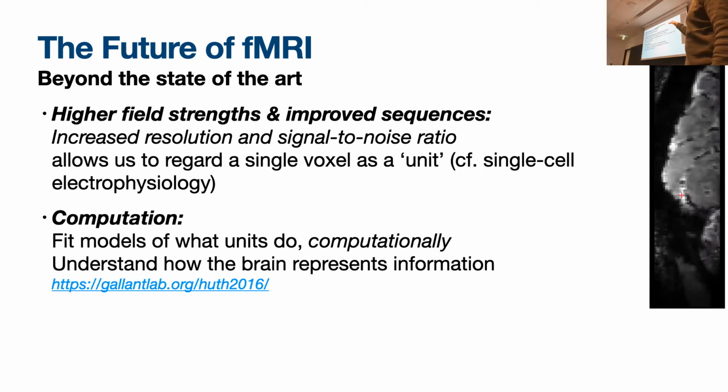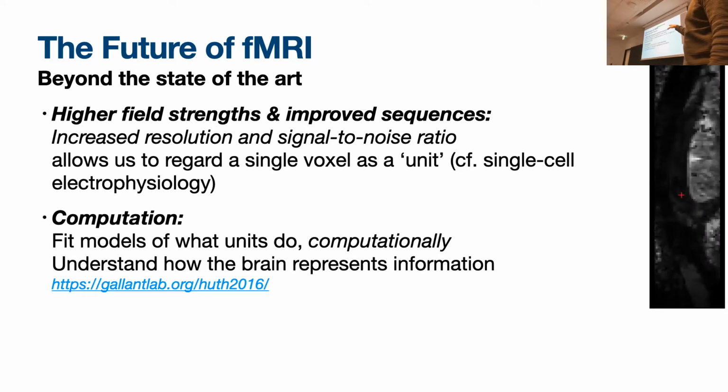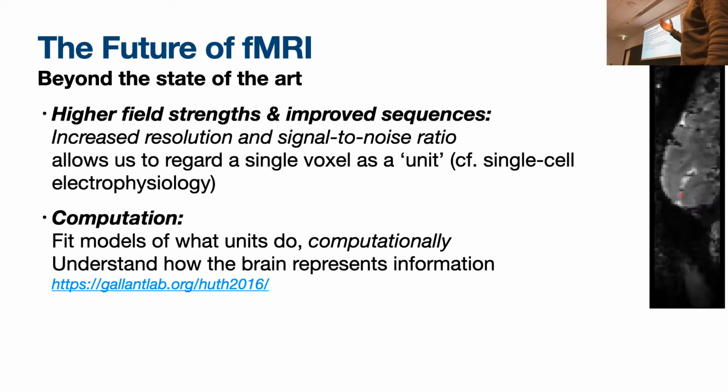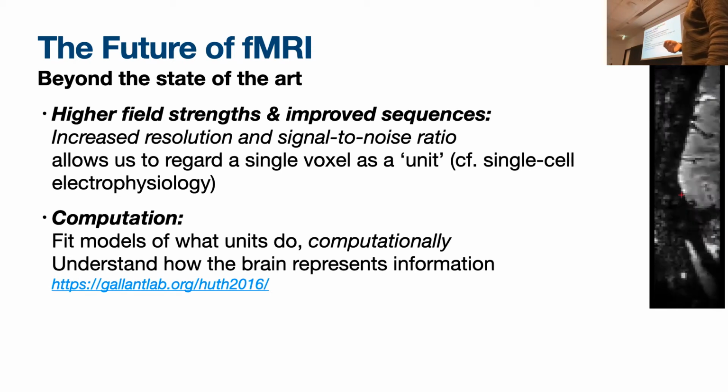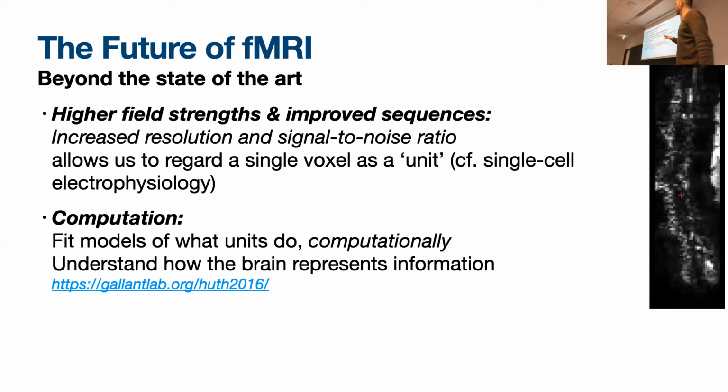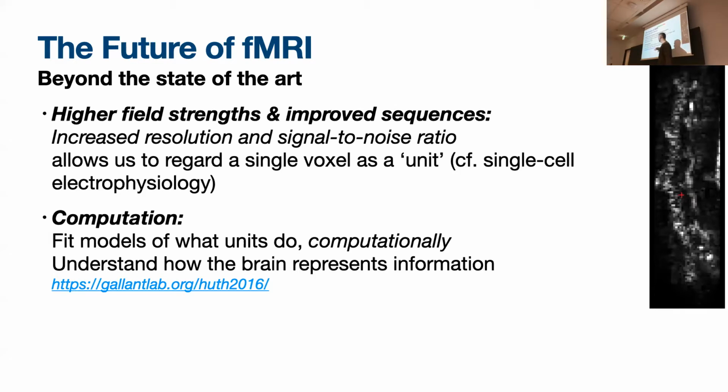We're also doing a lot in terms of trying to model what the brain is doing computationally. So this link between AI and neuroscience for us is really tight. I'm not going to have time to show it now, but I need you all to go to this website and see how this type of computational approach to brain imaging is powerful.